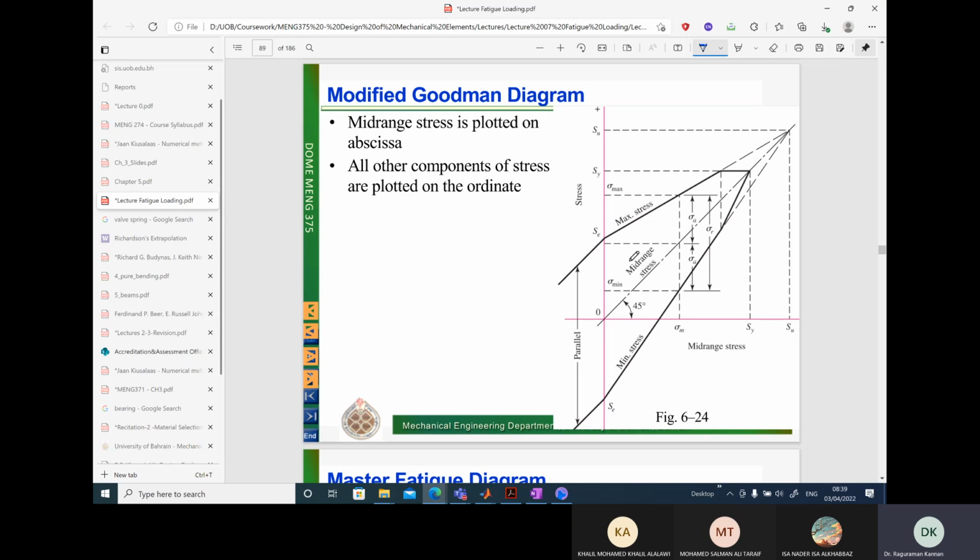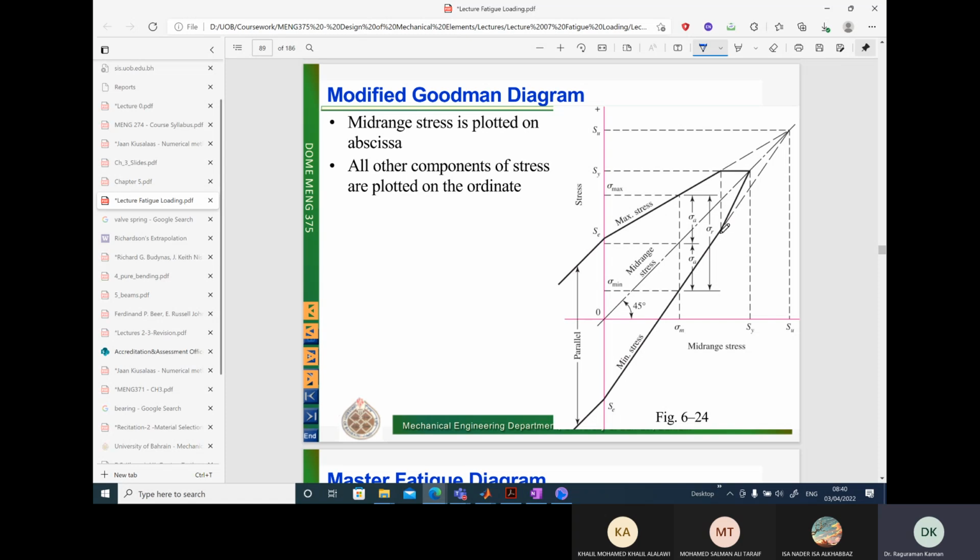However, this has to be modified, hence the word modified here. Modified with what? The yield point. If we cross the yield point, there will be static failure anyway. So we should also be within the yield point in this case. Hence the failure envelope is modified with this particular yield point. Now we can draw a horizontal line and a vertical line and take this as the failure point.